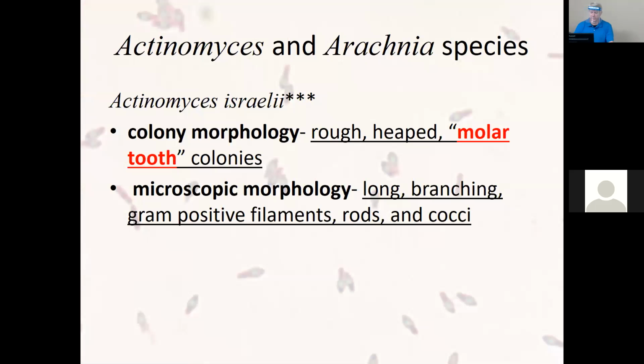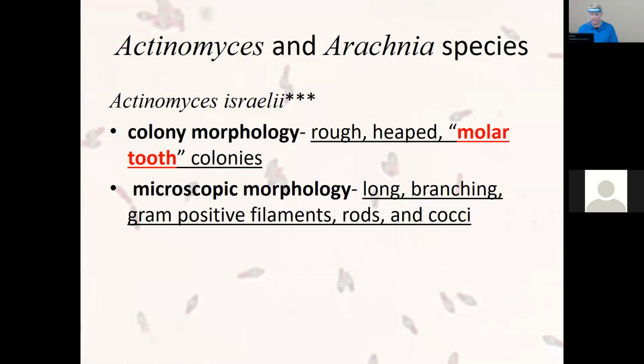Here's the one on your short list that we have on our flow chart: Actinomyces israelii. How about that? Is that better? Okay, Actinomyces israelii.